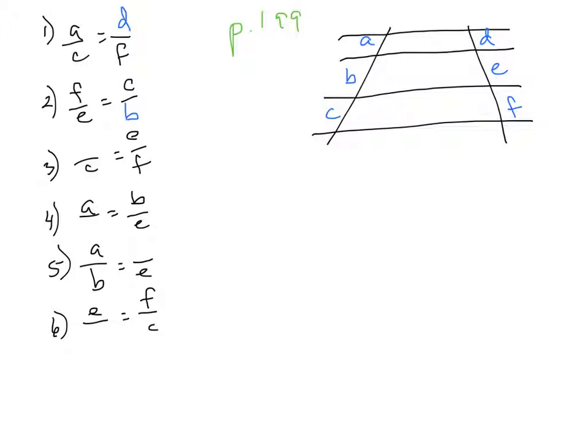And then for 3, the right side they have E is to F. So what should the left side be? B is to C. And then for 4, B is to E. So what is the left side going to be? Yep, it's going to be A to D. They could have done C to F, but they're going to do A to D.